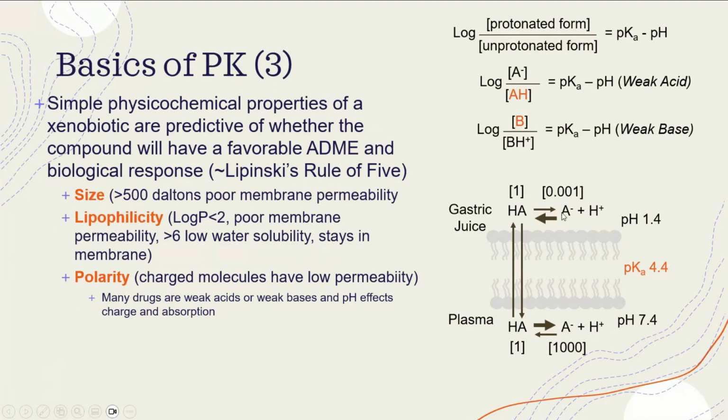And so in effect, what we see in this process, just because of acid-base balance, is this weak acid goes from the intestine and is transported across the membrane in a higher percentage at a higher rate than would have been predicted if you don't factor in charge.